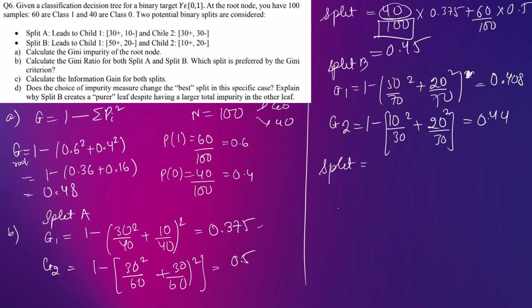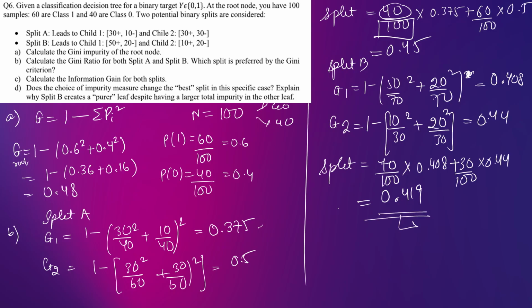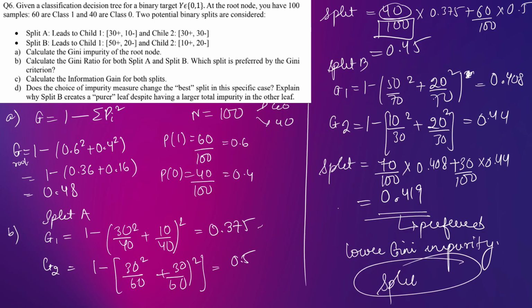Similarly, we'll calculate the split: first total is 70 into 0.408 plus 30 upon 100 into 0.44. Your value will come out to be 0.419. This split will be preferred. Why? Lower Gini impurity. Split B.